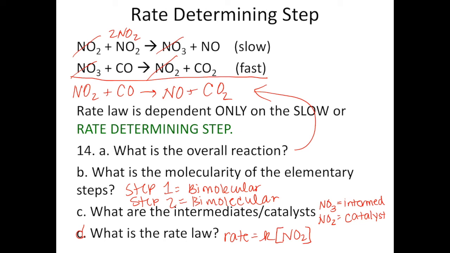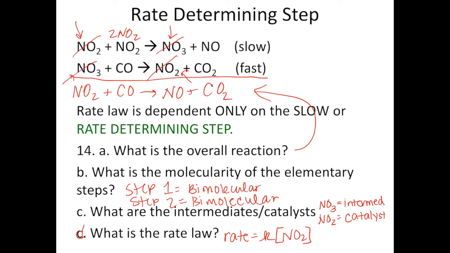So it started out as a reactant that I put in, and it comes out without changing its form, which is the definition of a catalyst. So NO2 is your catalyst. So NO3, you see it here, then it's used here. NO2, you put it in here, and it comes out at the end.